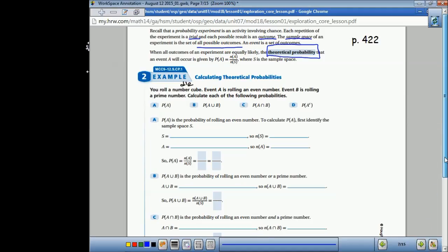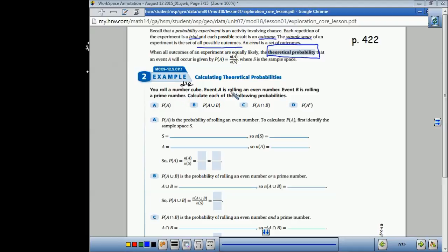The top of the next page tells us when all outcomes of an experiment are equally likely, the theoretical probability that an event will occur is given by the number of items of the event over the total number of items in the sample space. So this is where we get our favorable over total. Now, with theoretical, we're just thinking about what could happen.